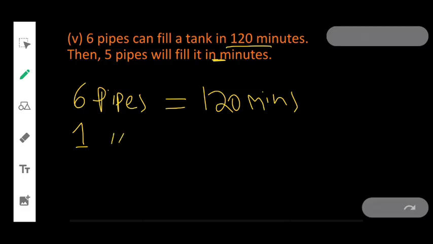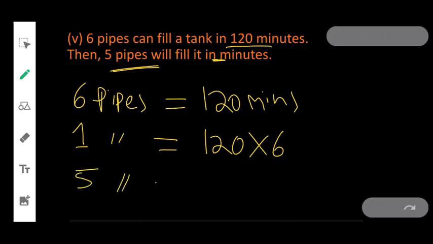So 1 pipe can fill the same tank in 120 multiplied by 6, because this is inverse variation. Now the 5 pipes can fill the tank in 120 multiplied by 6 by 5.